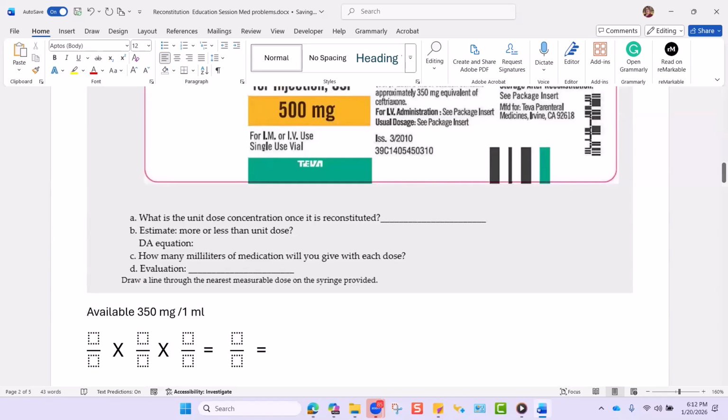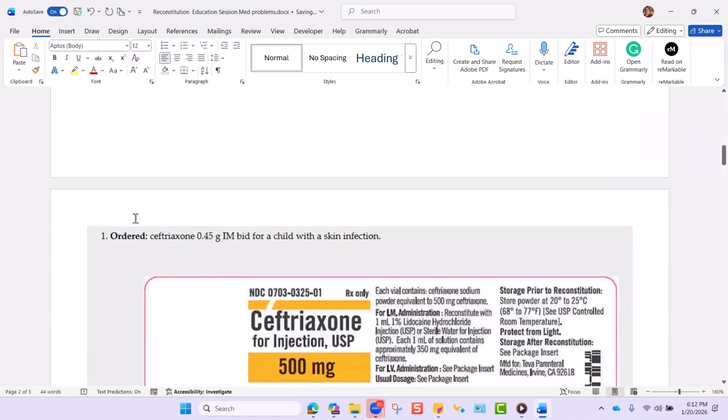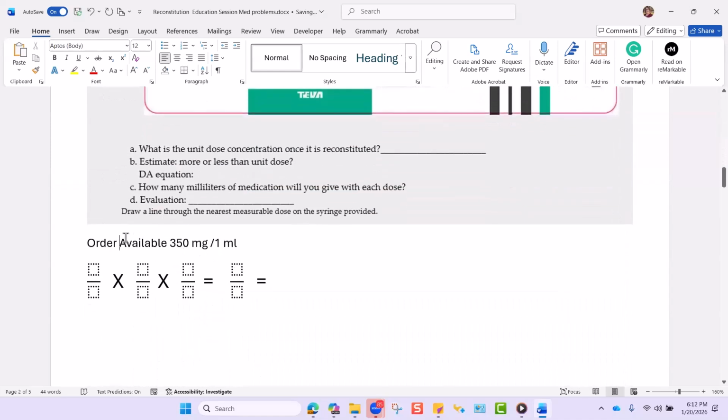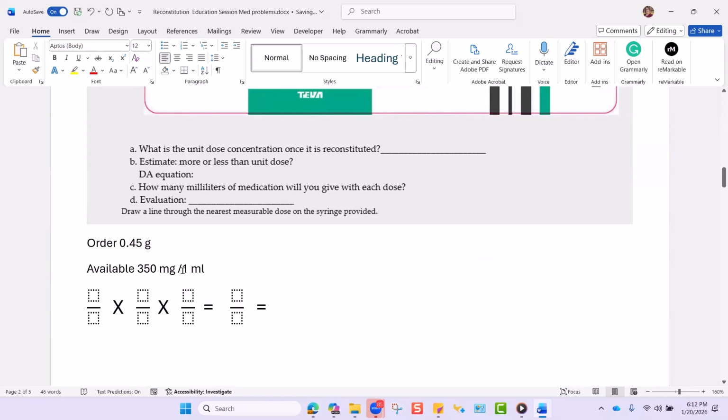All right, so then the order is for what? My order was to give 0.45 grams in a dose. 0.45 grams. All right, so that's my order, and that's what's available, okay? So we, just so you guys know, we are teaching dimensional analysis slightly differently now.